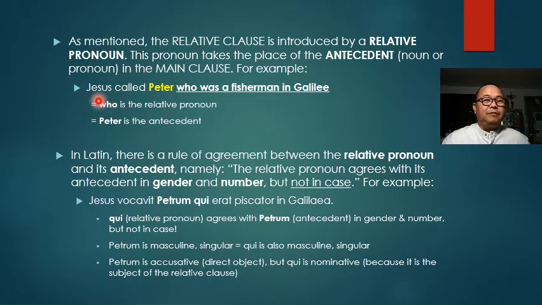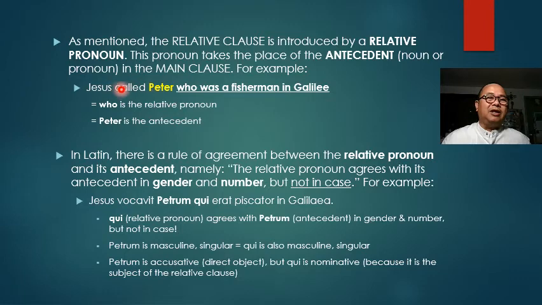So, by the way, I forgot to mention, when you combine a main clause with a subordinate clause, that sentence, structurally speaking, is called a complex sentence. In this example, who is the relative pronoun, introducing the entire relative clause, and Peter is the antecedent, which is in the main clause.